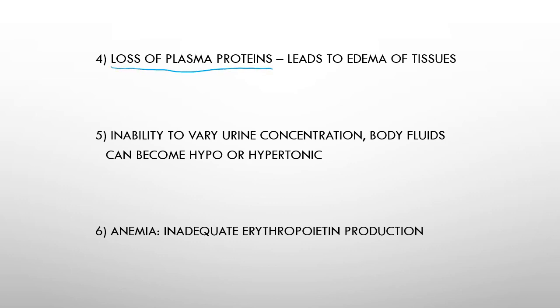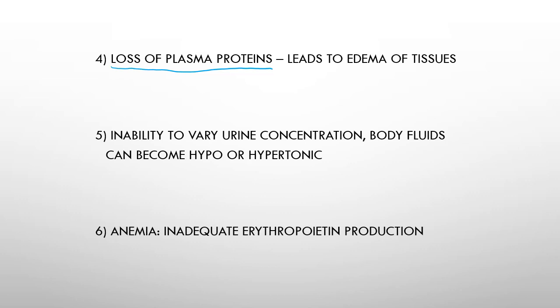If the glomerulus is allowing larger substances like plasma proteins to pass through, this is going to lead to problems elsewhere in the body as well. We may start to see edema build up because of that change in the protein balance that's normally there, where the plasma proteins are pulling fluid back into the bloodstream away from the tissues.